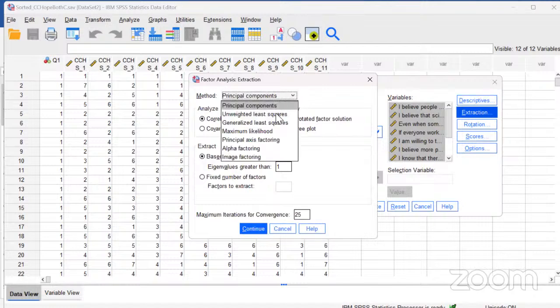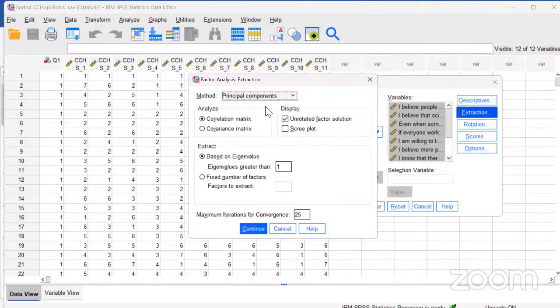There are various other methods as well. I'm not very much aware of the other methods and their intricacies. I usually go ahead with the principal component, and there are two methods by which we can do our PCA. One is based on eigenvalue. As a thumb rule, with eigenvalues greater than one, we keep that particular factor.